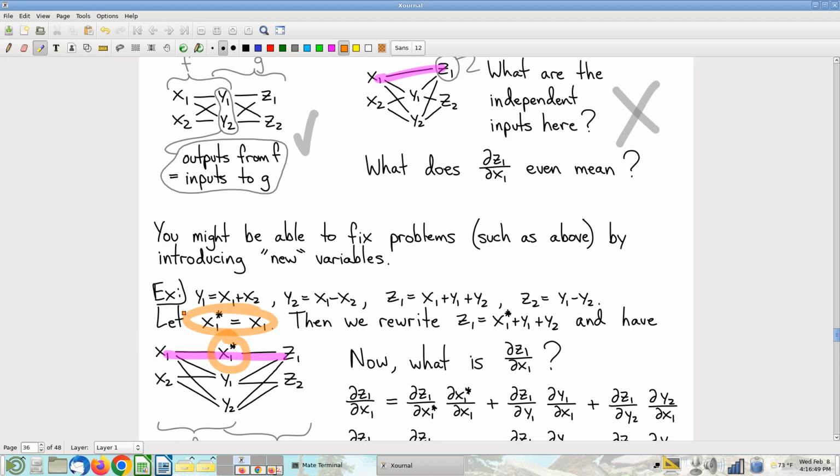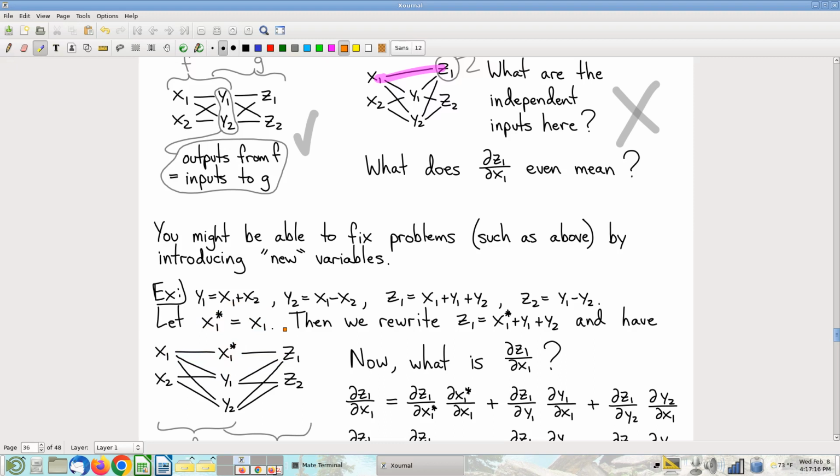Honestly, x1 star is just x1. But I want to view it as a separate variable so that it can be the input to z1 without also being an input to y1 and y2. I'm breaking up the awkwardness of that line by introducing a new variable called x1 star. And again, the formula for x1 star is exactly x1.